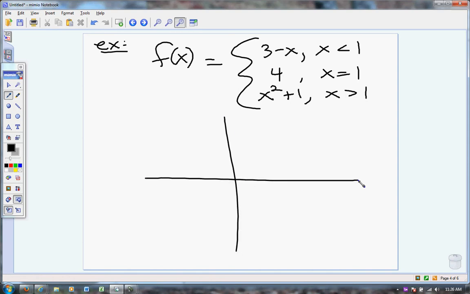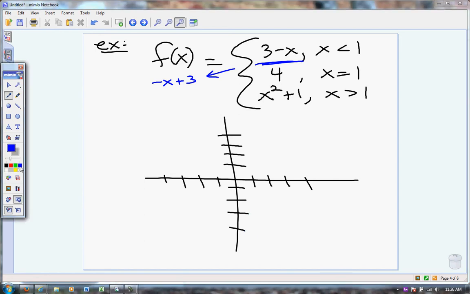So when x is less than 1, it's 3 minus x. Well, isn't that a linear? Isn't that the same thing as negative x plus 3? Right? So we go up to 3. 1, 2, 3.